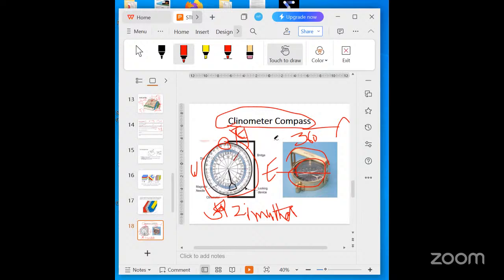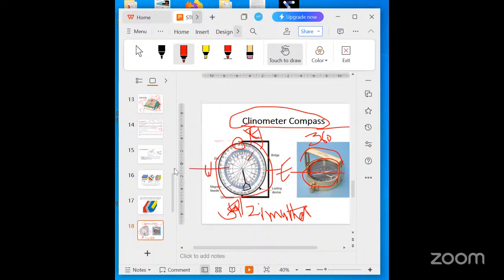So 0 or 360 degrees represents north, and 90 for east, and 180 for south, and 270 for west.